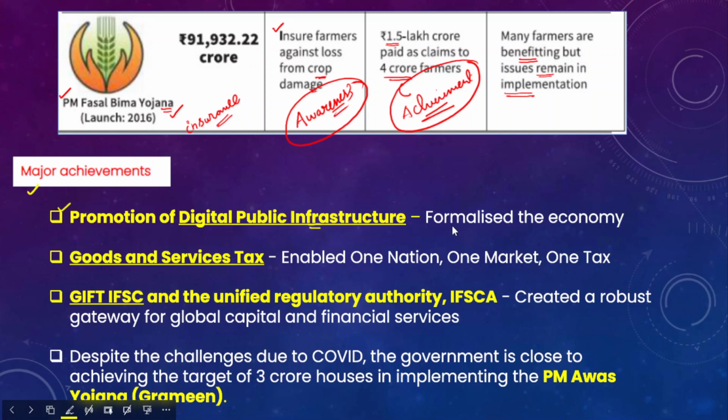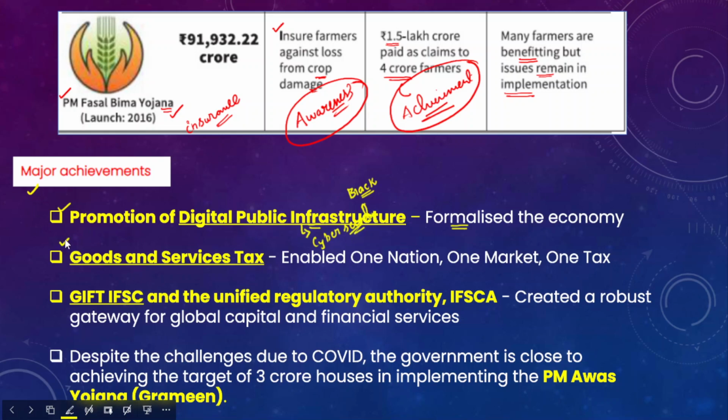So therefore, it helps in formalization of economy, and it will reduce the informal economy, and not just the informal economy, but the flow of black money in the economy can be significantly reduced. However, with the digital public infrastructure, challenges remain, such as cyber security or cyber threats remain a challenge.